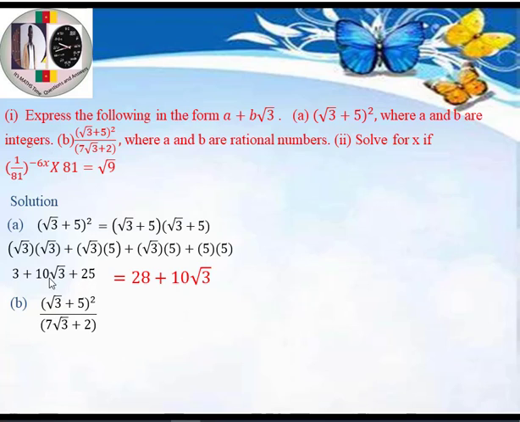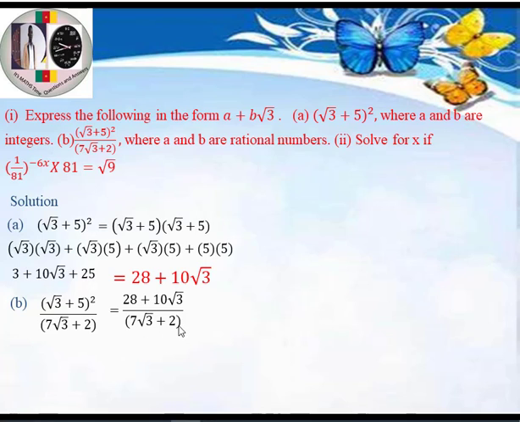If it was not the case, we would need to evaluate similar to what we did for a, but here we just replace. So we replace root 3 plus 5 all squared by 28 plus 10 root 3, giving our new expression 28 plus 10 root 3 divided by 7 root 3 plus 2.